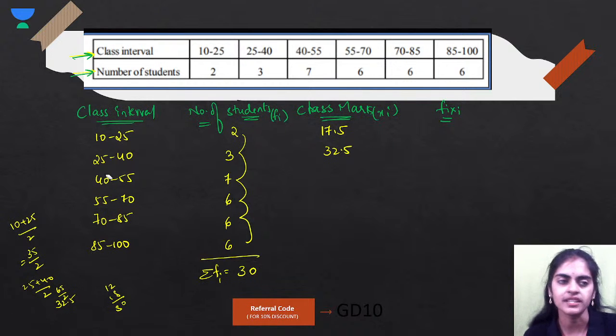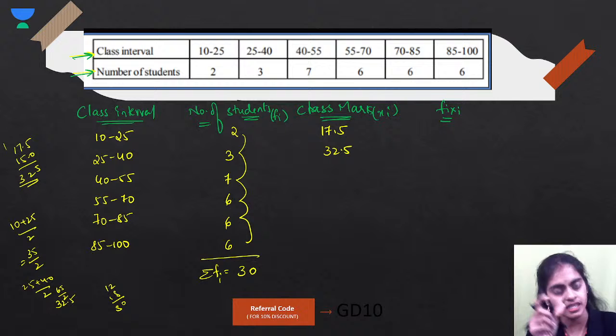Now if you check here, what is the class size? Class size for 10 to 25, 25 to 40 is 15. If you add 15 to the first class mark, 17.5, you will get the next class mark. So for the first class mark, if you add the class length, you will get the next class mark.